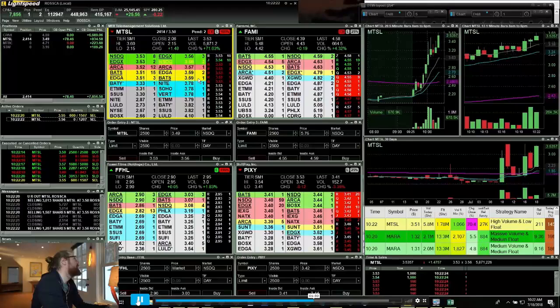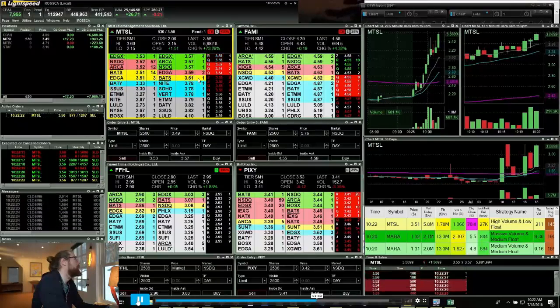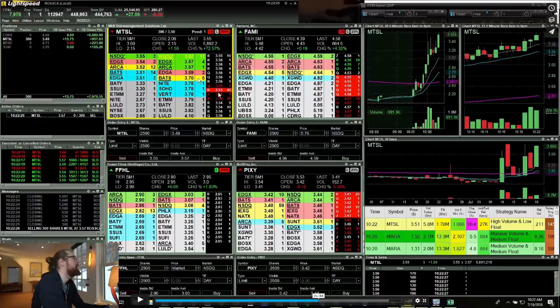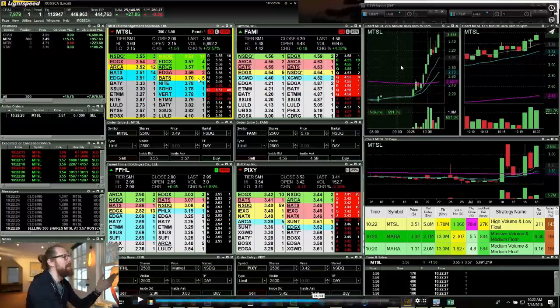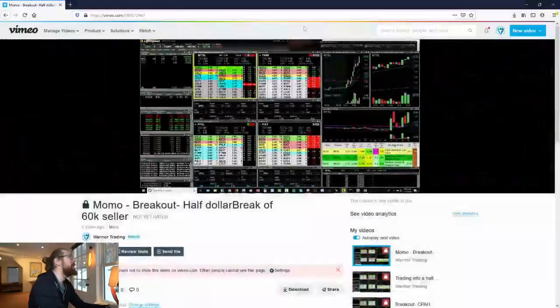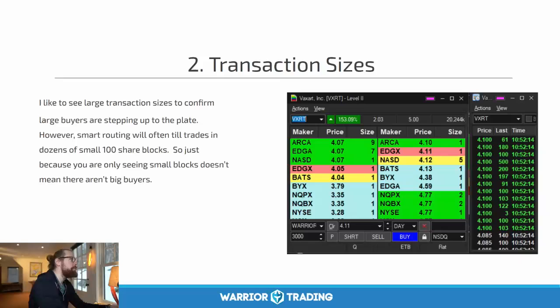Now, part of that is because it's a partial fill as I'm on the ask, waiting for someone to buy my shares. But if that person bought their shares with a 2,000 share smart route order, or really probably any route, it's going to fill in 100 share blocks. I don't exactly know why that is the case, but the result is that the tape usually is lots of small orders.